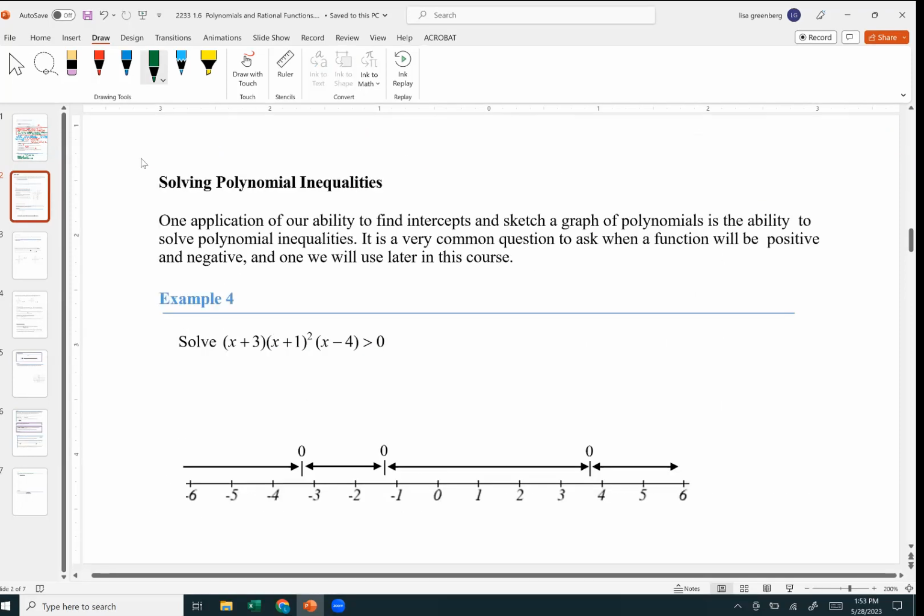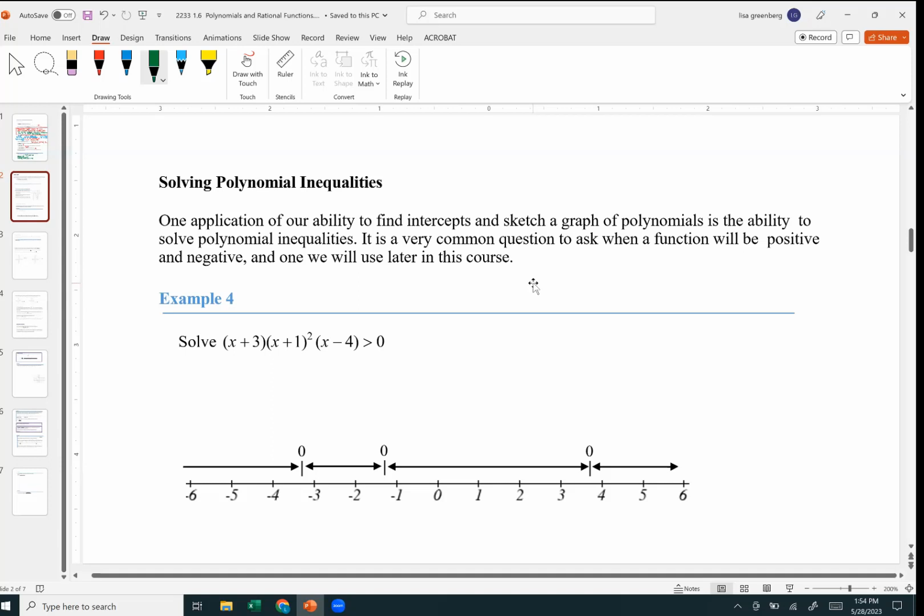Okay? So if I want to solve polynomial inequalities, one application of our ability to find intercepts and sketch a graph of polynomials is the ability to solve polynomial inequalities. It is a very common question to ask when a function will be positive and negative, and one we will use later in this course.